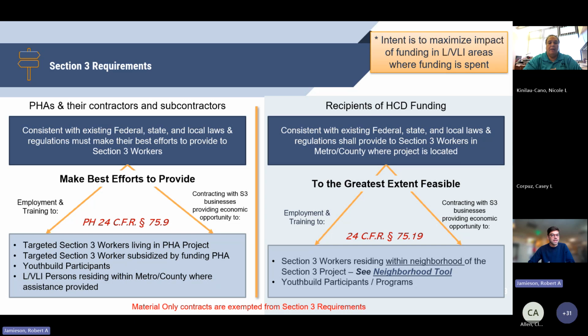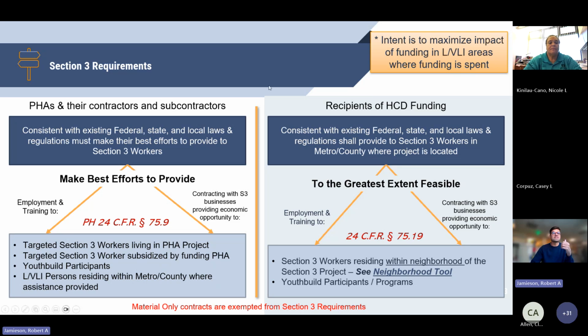We are aware that, depending on numerous reasons, whether it's prevailing wage rates, whether it's unions, these types of things, it's not always going to be possible to meet those benchmarks, to meet the quantitative requirements for Section 3.